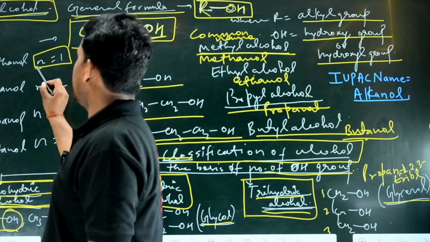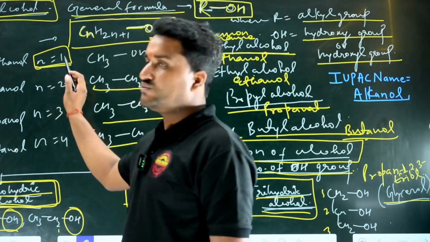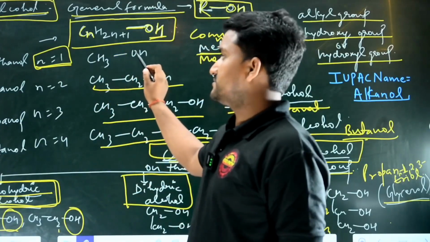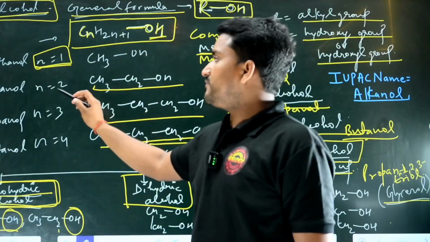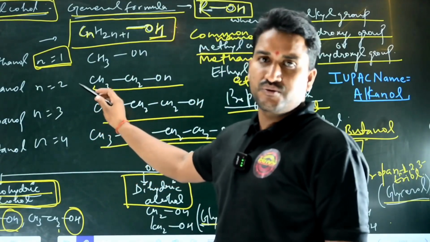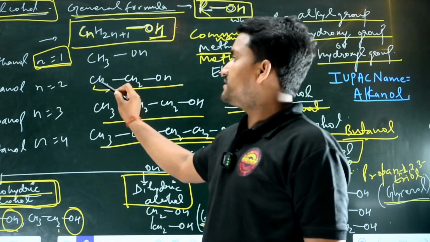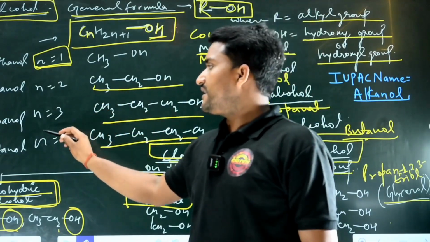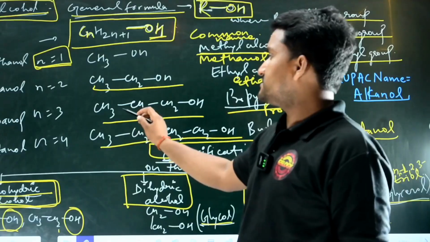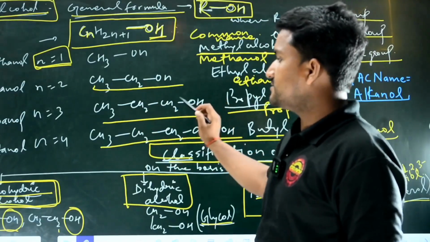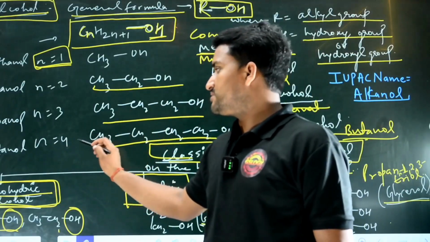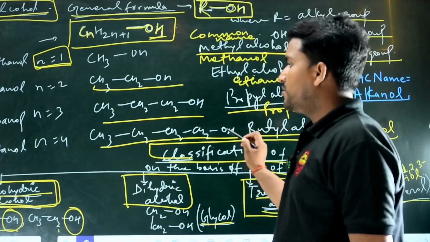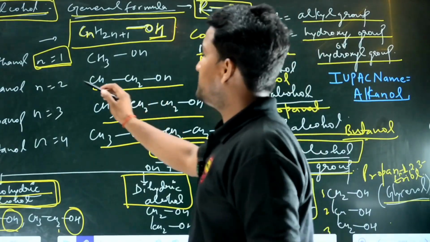When you put n equals 1, then you will obtain CH3OH, okay? And when you put n equals 2, then you will obtain CH3CH2OH. Similarly for 3, CH3CH2CH2OH, and when you put 4, then you will get CH3CH2CH2CH2OH. And what is it?